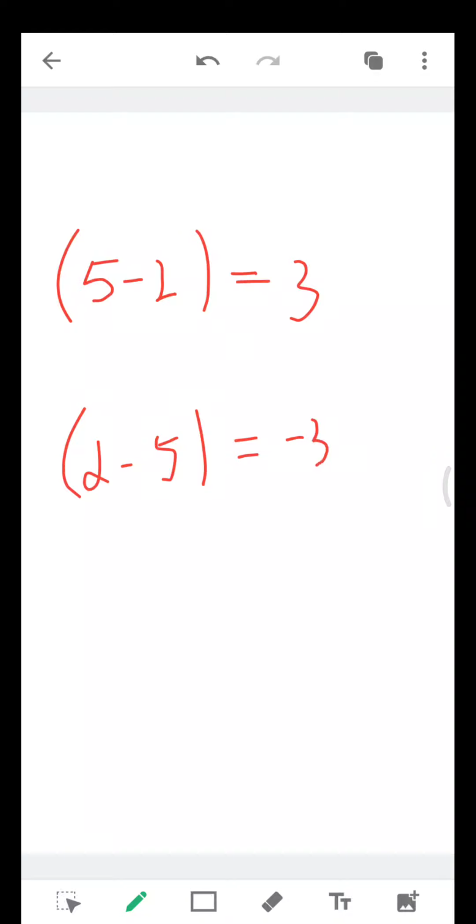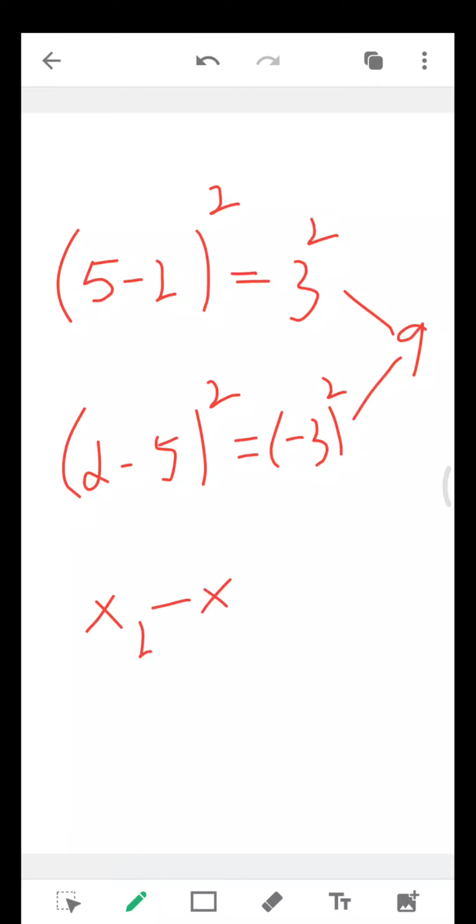But when you square them, 3 square and minus 3 square, what will be your answer? This will also be 9 and this will also be 9. So when you square after subtracting, you'll get the same answer. So that is the reason I said, in the formula you can write x2 minus x1 whole square, or you can write x1 minus x2 whole square.